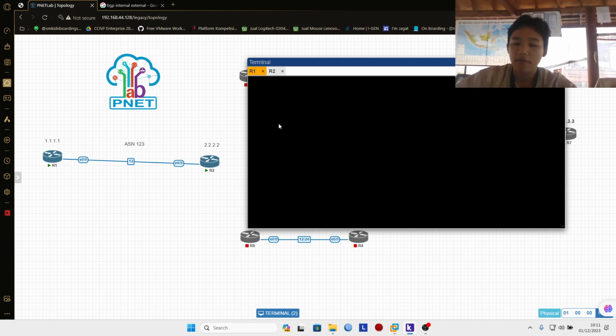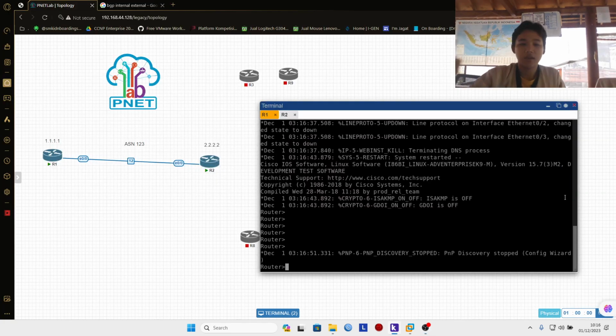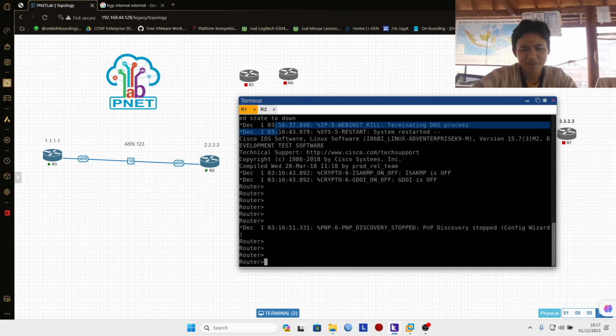Because of that, we should be more patient when becoming a routing engineer, of course. Maybe I will pause and skip until it stops booting. Okay, pause is done. It's a little bit long, it takes many minutes.